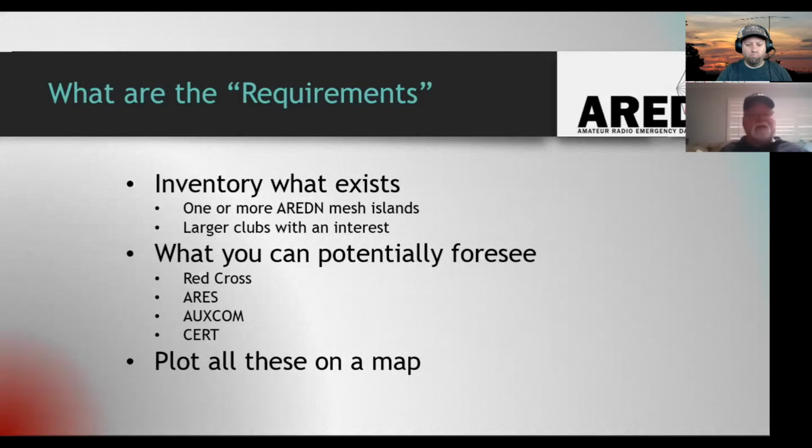Maybe you could foresee a Red Cross ham group or an ARES group or RACES, OGSCOM, maybe even some local CERT teams that could benefit from deployed AREDN technology. And so the first step would be to take all the things that exist and that you could imagine would benefit from the network and plot them on a map.